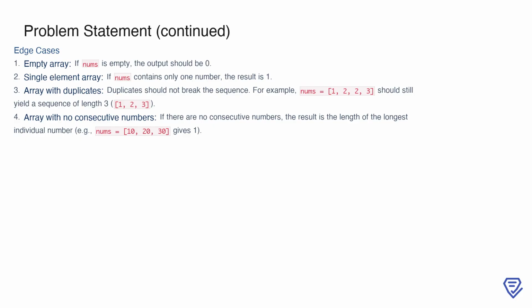For example, this input yields a sequence of length 3, which is 1, 2, 3. Lastly, if the array contains no consecutive numbers, like nums equals 10, 20, 30, the result would simply be 1, as each number individually forms its own sequence. These edge cases highlight the robustness required in your implementation.